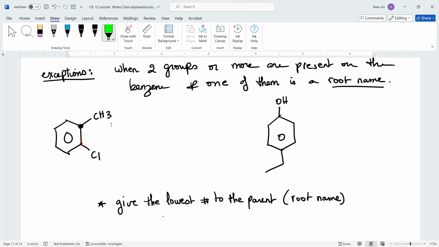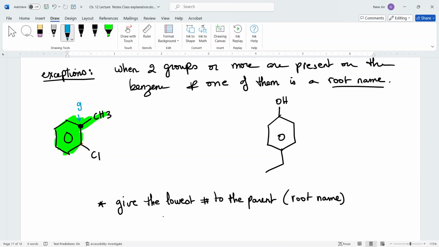And then I need to give them the lowest number possible. So here, I do have toluene. This whole thing is toluene. And because this whole thing is toluene, the carbon of the CH3 is going to get the lowest number possible.